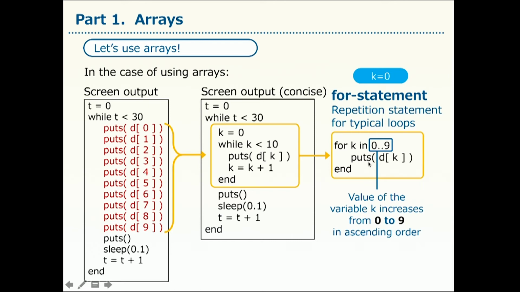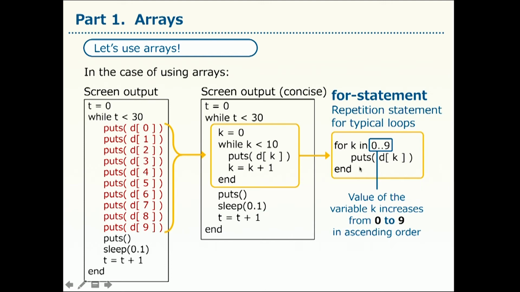That displays D0 on the screen. And afterwards, k is increased by 1. So the next one is D1 and so on, until it reaches 9. In this way, this is executed 10 times. Then the for statement is over.